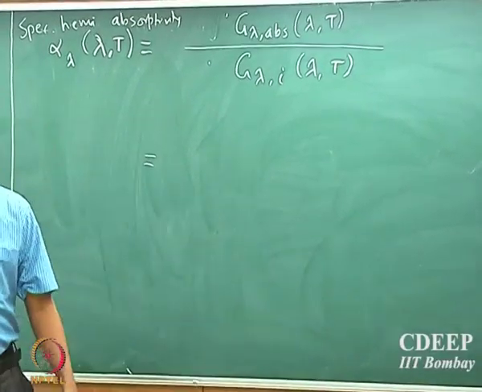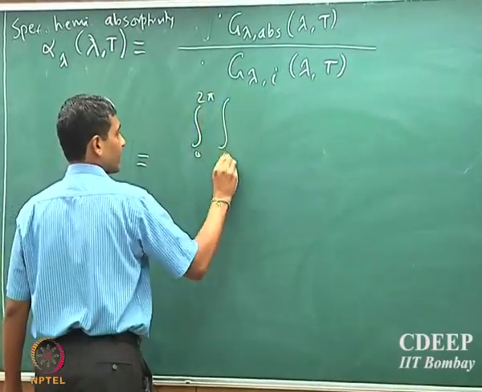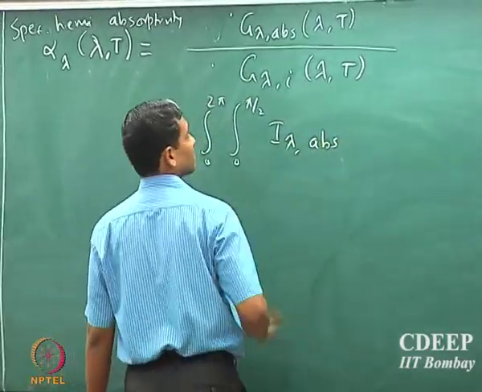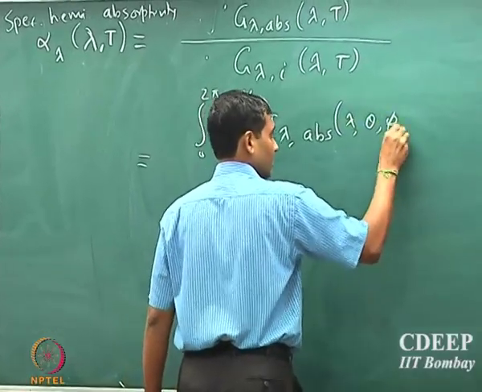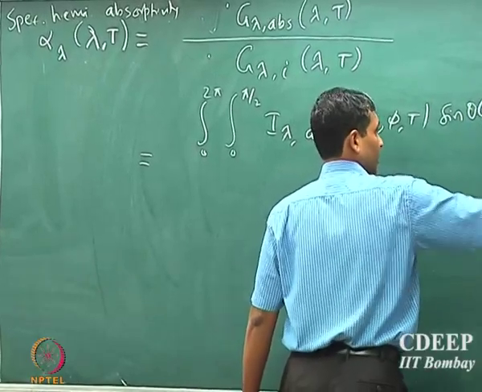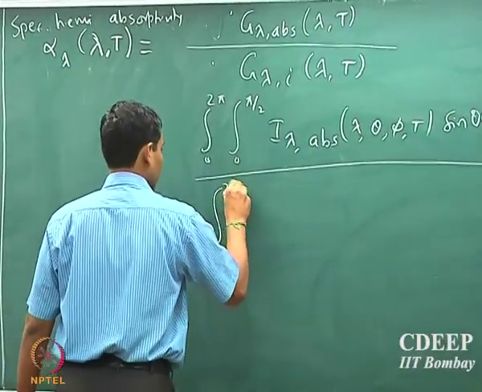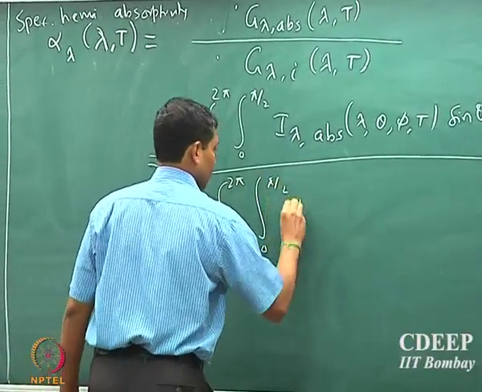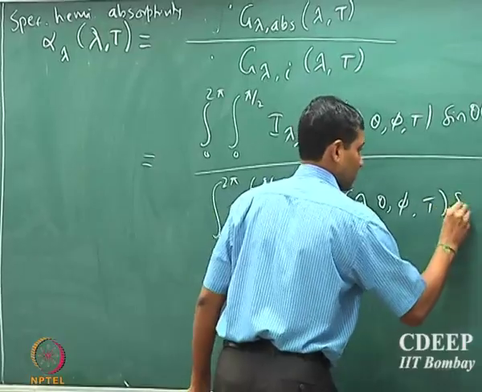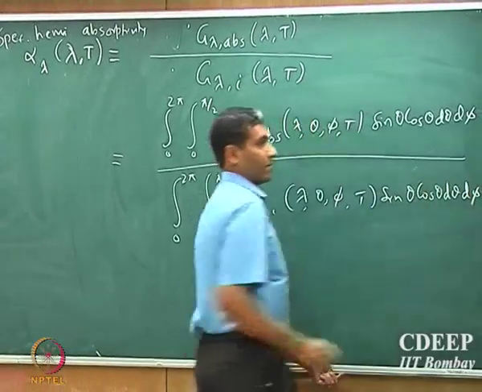But we know from the definition of the spectral hemispherical quantities, this is the integral from 0 to 2 pi, 0 to pi by 2, of the intensity times sin theta d theta d phi, divided by the same integral for the incident.